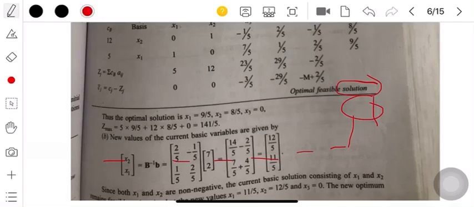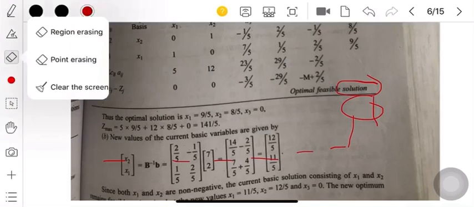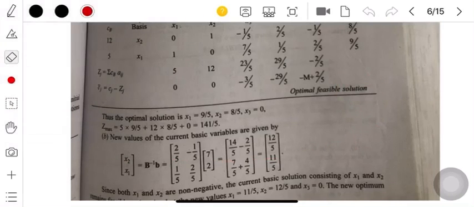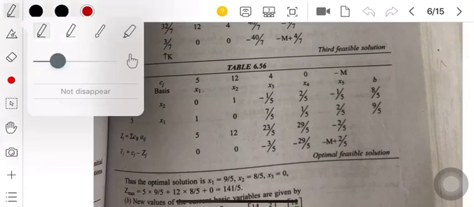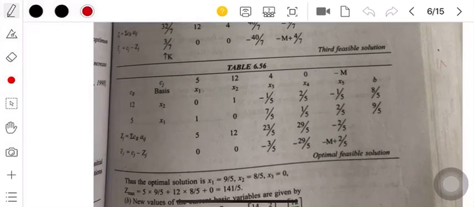So here what we are going to do to solve this problem, here this is the matrix, x4 and x5, 2 by 5, 1 by 5, 1 by 5, 2 by 5.